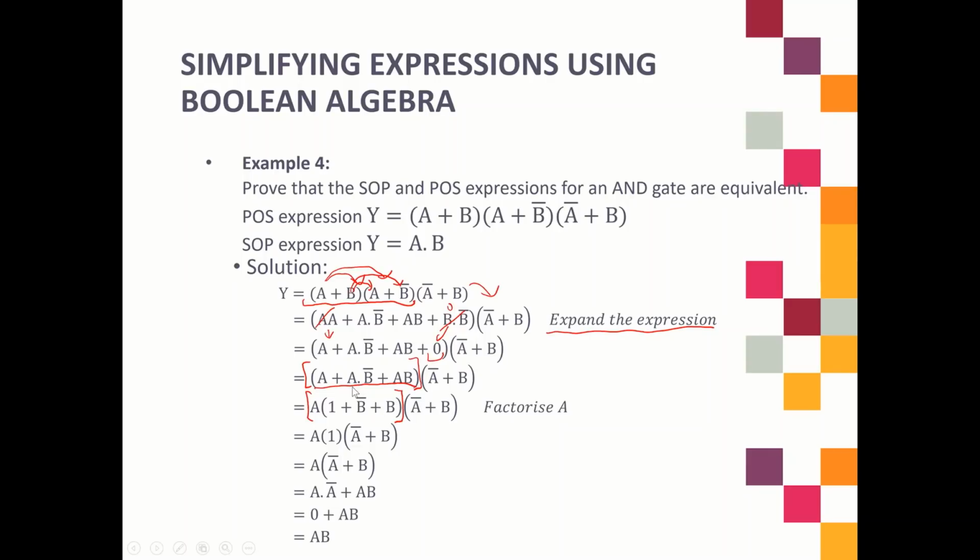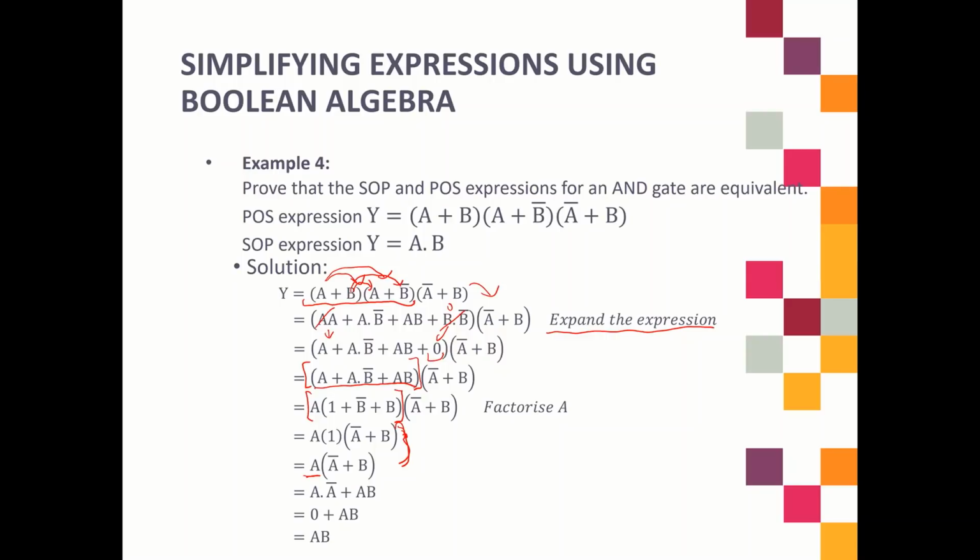When you factorize a, meaning that you apply theorem 11. Factorizing is actually applying theorem 11. So you will get a as your last value for the factorization. This is the step for factorizing, so you will get a.